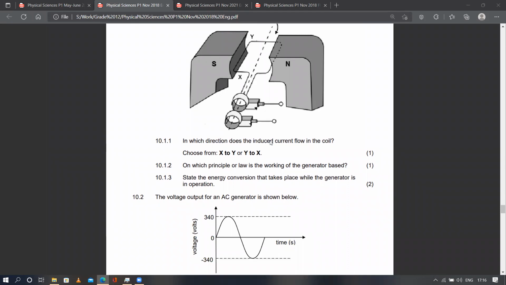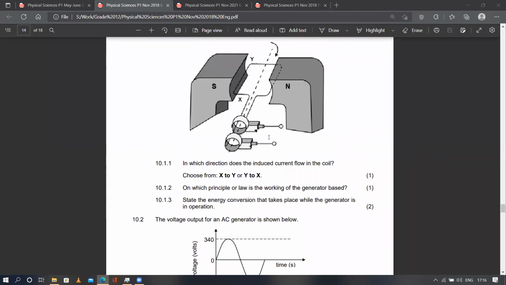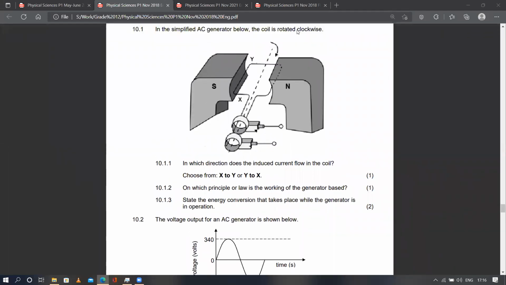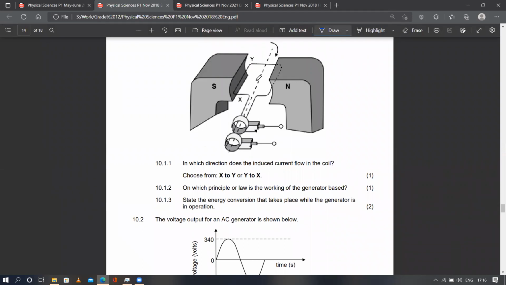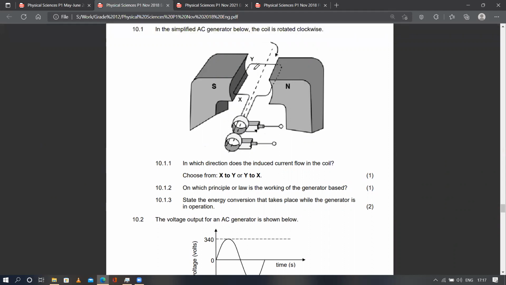Then they ask for the energy conversion that takes place when a generator is in operation. So what happens is that in a generator, this coil, let me just start drawing, is gonna rotate in the magnetic field, and when something is rotating or moving, that's mechanical energy, and that mechanical energy is used to generate electricity.